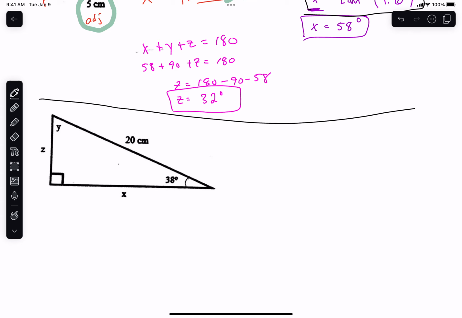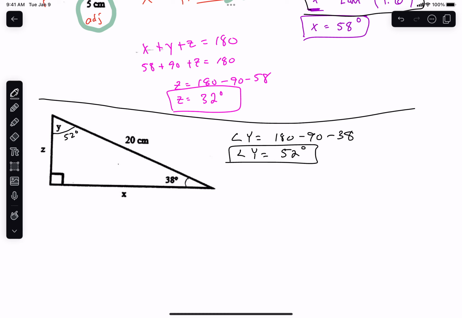Y. What is it going to be? 52. So angle Y should be equal to 180 minus 90 minus the 38, right? What'd you say, Dylan? 52? Yeah. Okay.